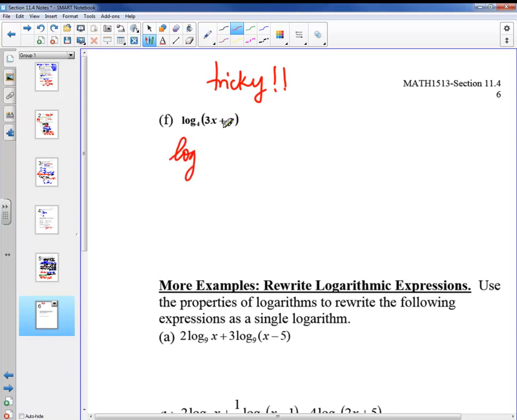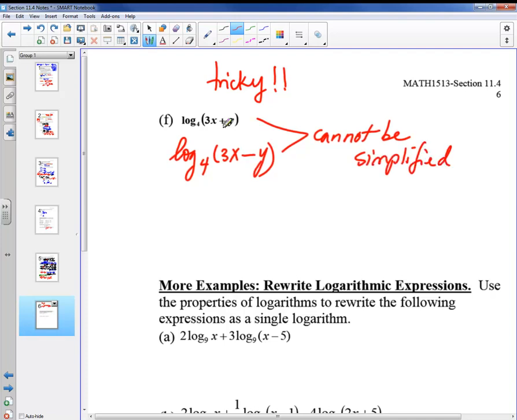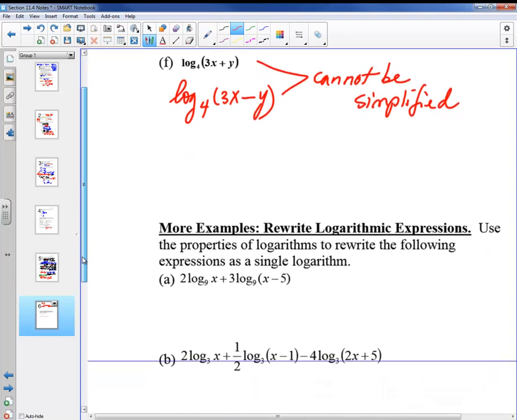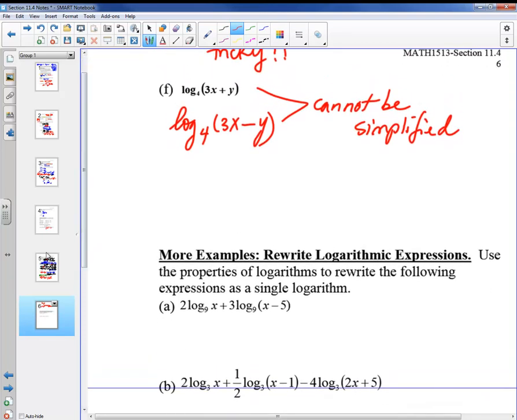Even if I had log base 4 of 3x minus y. This is already in simplest form or cannot be simplified. Now, don't tell me no solution, because this is not an equation. Just tell me that it cannot be broken down any further. There's no rule for the log of an addition or a subtraction.